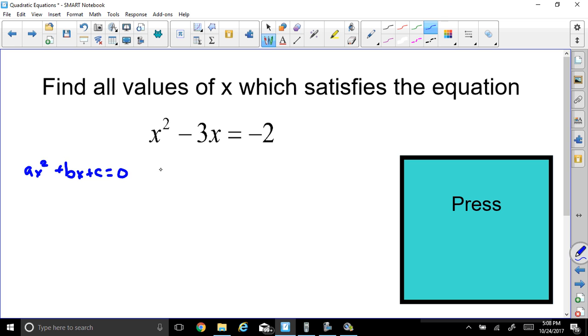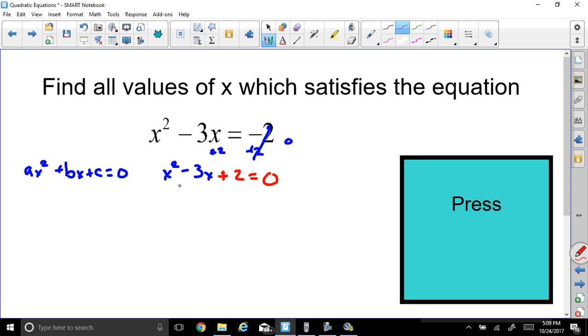So we want to, in other words, set this equal to 0. So let me make this x squared minus 3x. And what I'm going to do here is put a plus 2 over here and over here to cancel this out to make that equal to 0. And I'll have on this side a plus 2 and equal to 0.